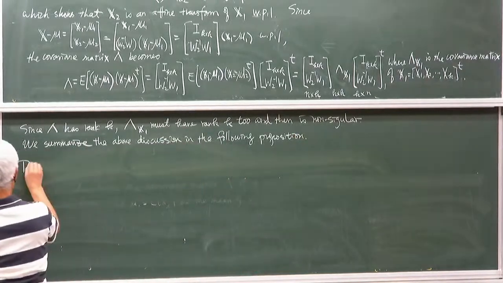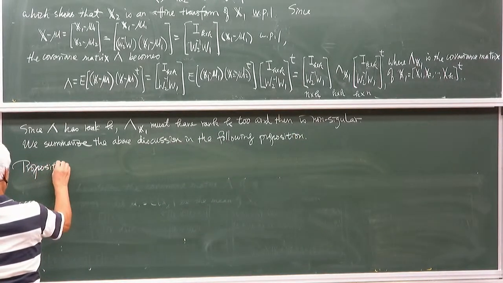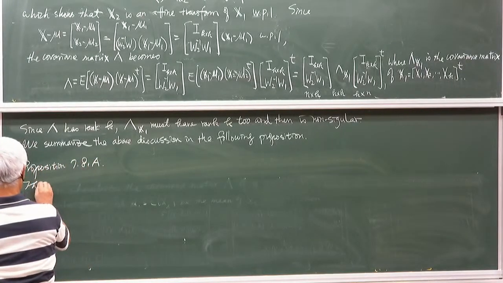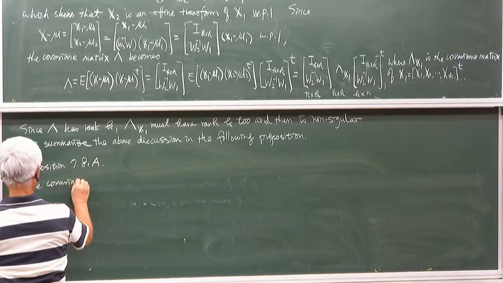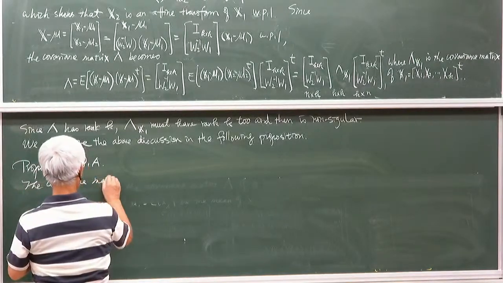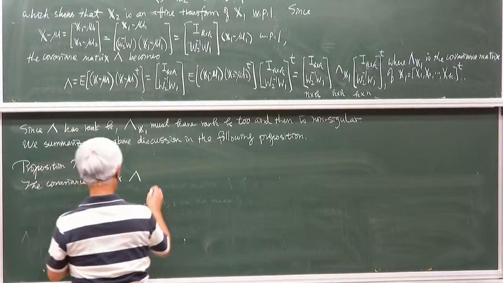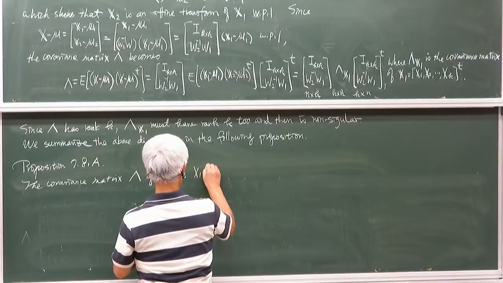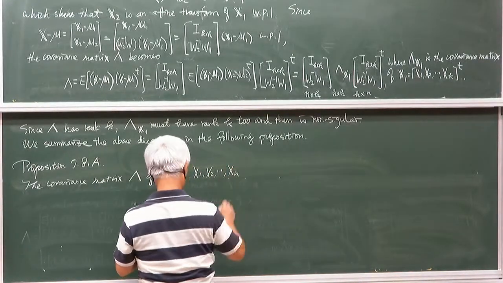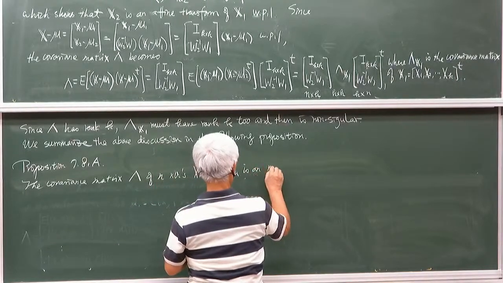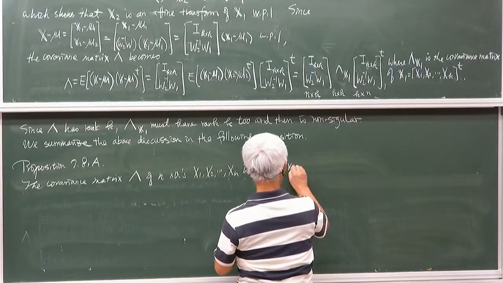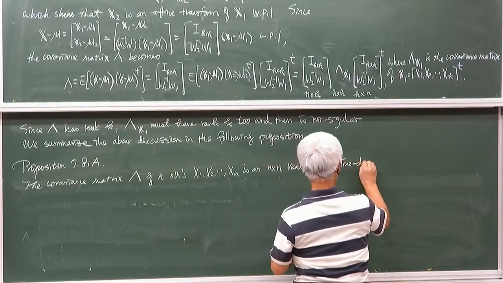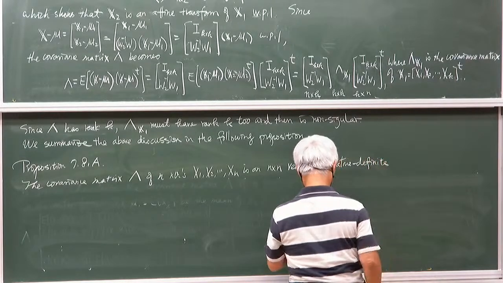We call it proposition 7.8.a. The covariance matrix lambda of n random variables x1, x2 up to xn is an n times n real non-negative definite matrix.